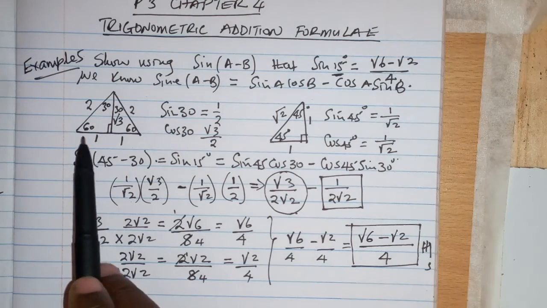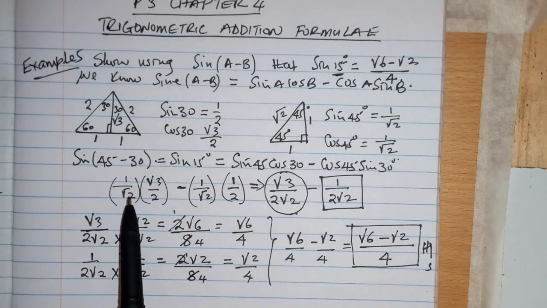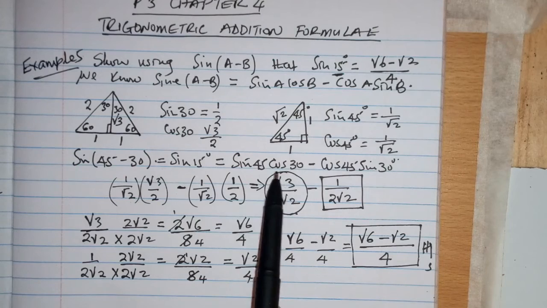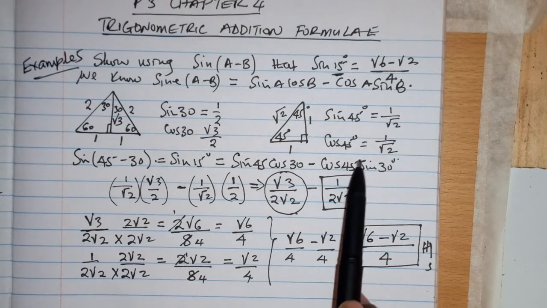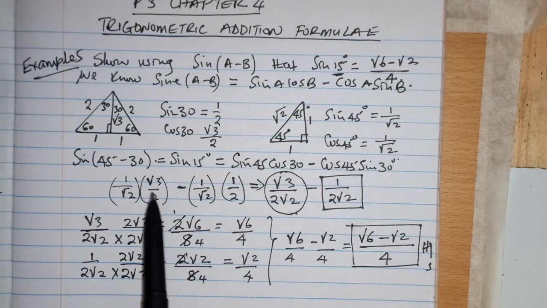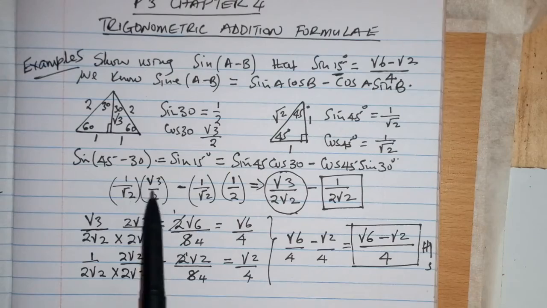You can talk about sine 60, which is root 3 over 2, times cosine 45, which is 1 over root 2. So you will see when you use 60 minus 45, you will simply interchange the two.